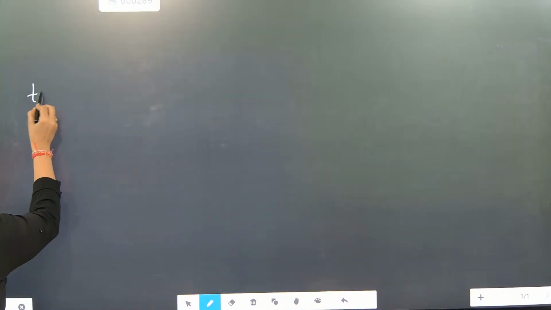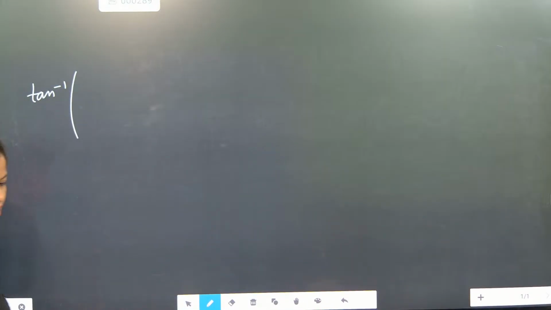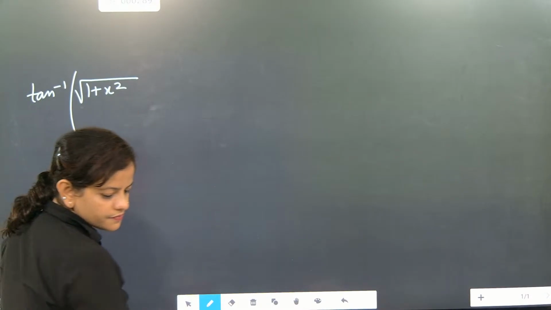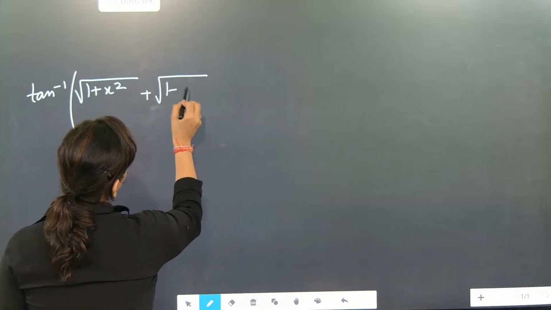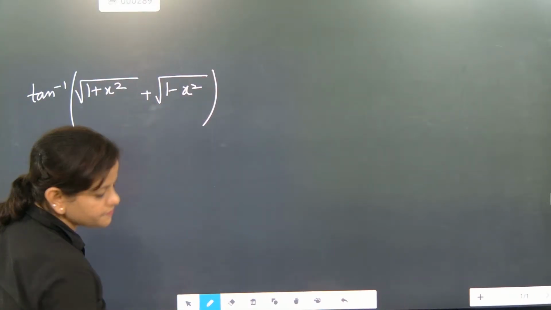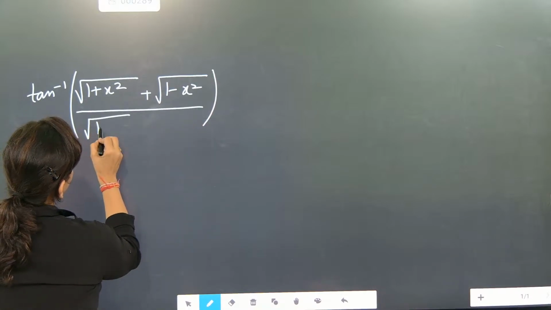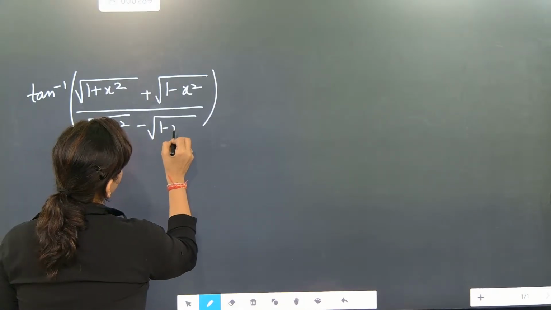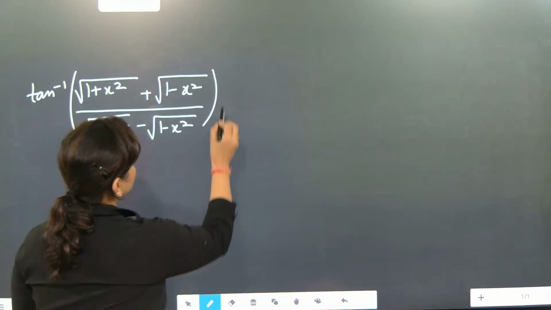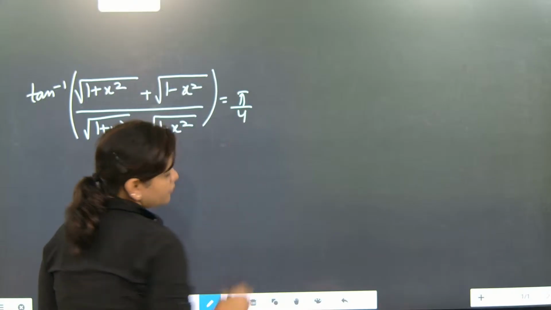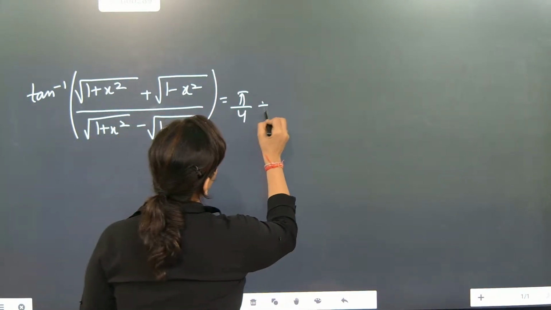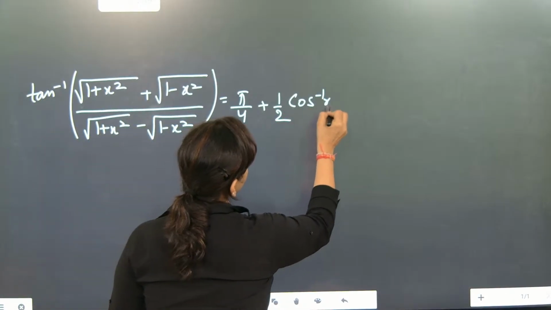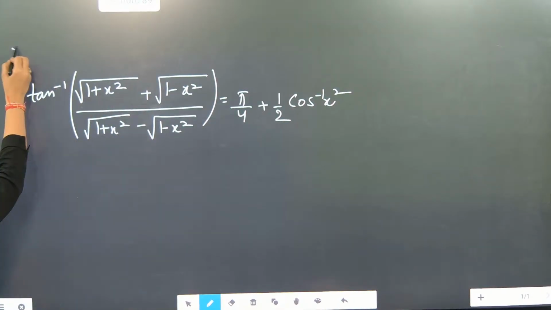Please kindly see: tan inverse of root under 1 plus x square plus root under 1 minus x square, by root under 1 plus x square minus root under 1 minus x square, is equal to pi by 4 plus half cos inverse x square. 3 marks intact question.